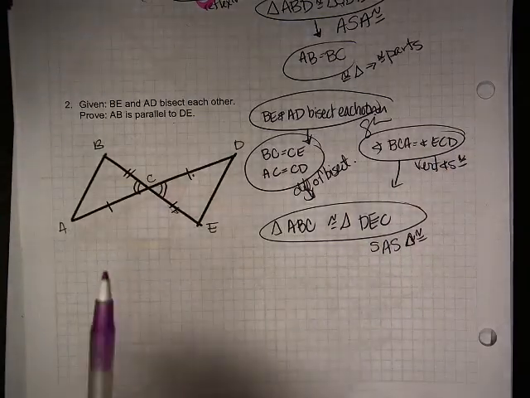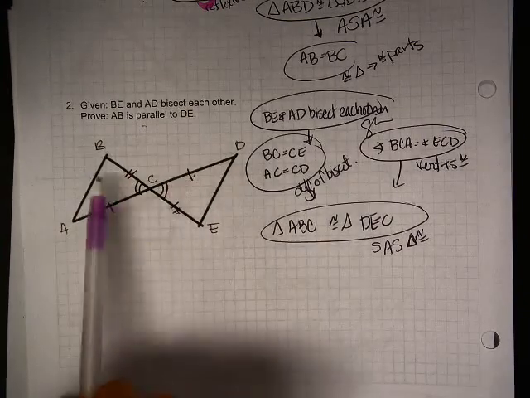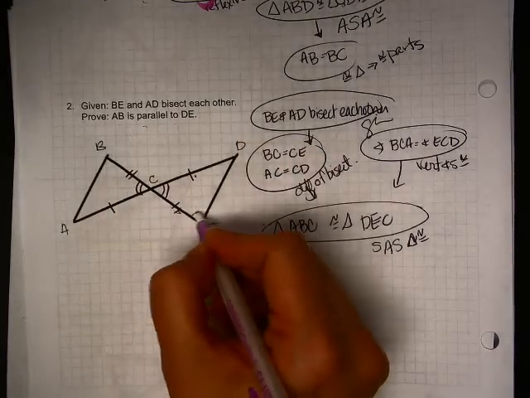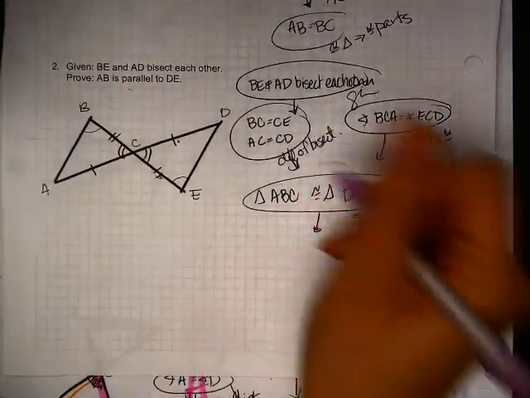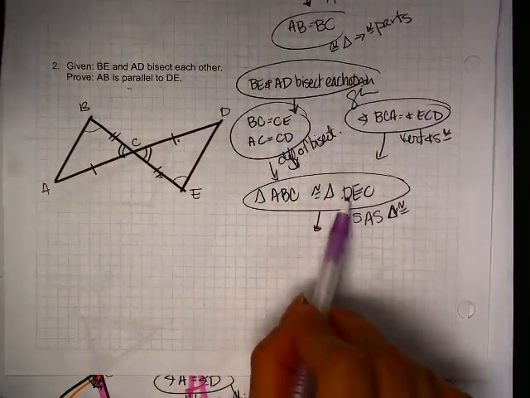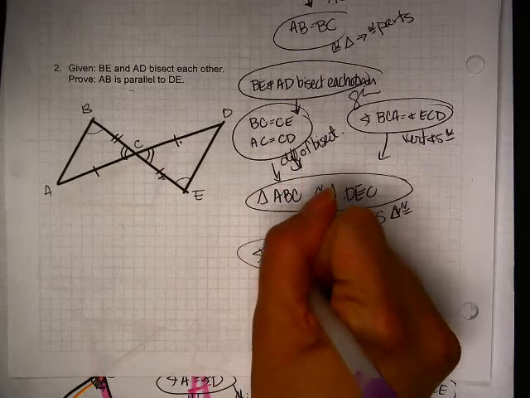Now, I want to show that they're parallel. The only way I can show that they're parallel is if I can show that the angles are equal to each other. So this angle and this angle are equal to each other because I just proved the whole triangles were congruent, so obviously the angles are equal as well.